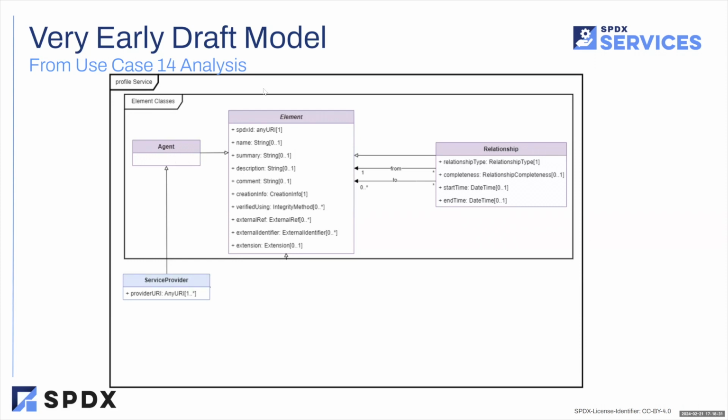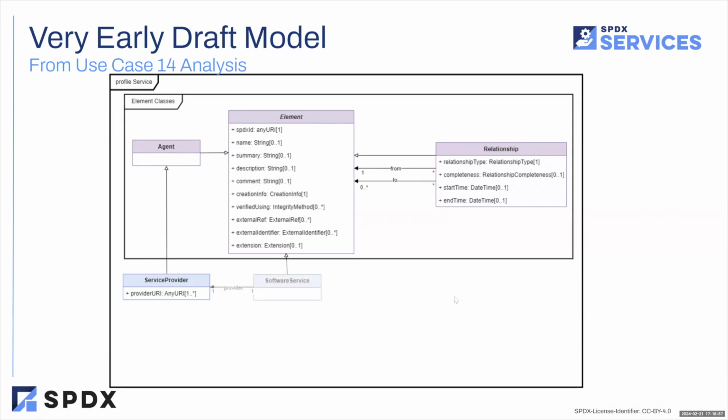Agent gets all the fields of element. So it has a name, you can have a description, but we thought we needed one more thing, which is a provider URL or URI. Basically, something that would be a unique identifier for the service provider that's commonly used when connecting to these service providers or describing the service providers. So that was our first addition.